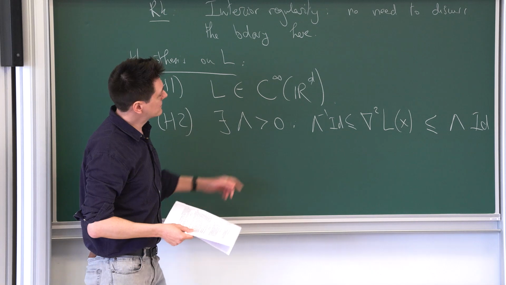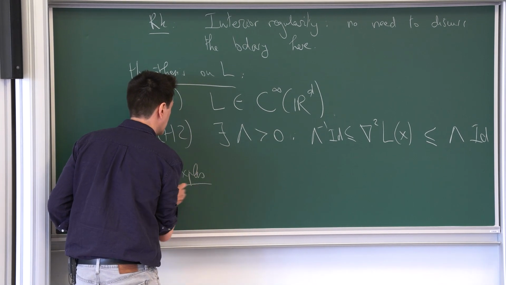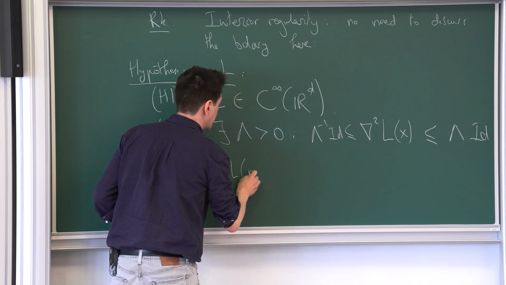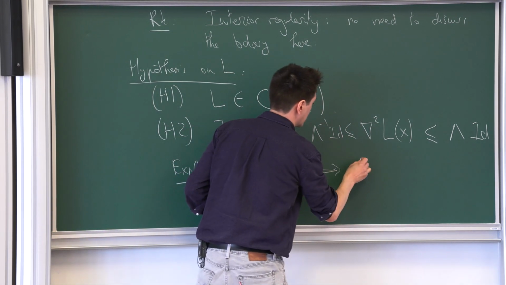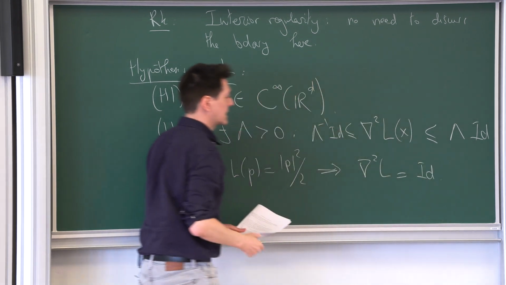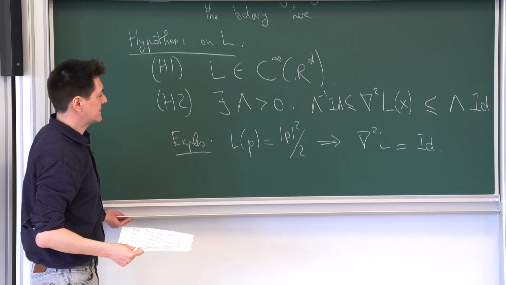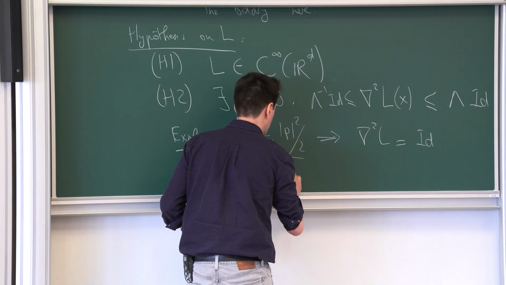So for the examples we had, obviously for the Dirichlet energy, there's no problem. The second derivative of L is just the identity. And for the minimal surface equation, it's a little bit more annoying.